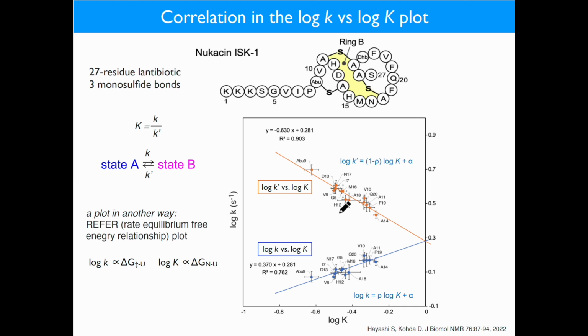And of course, due to the triadic relationship of 3 parameters, these 2 data are not independent. So regression lines cross on the y-axis here, and the difference in the slopes is equal to 1.